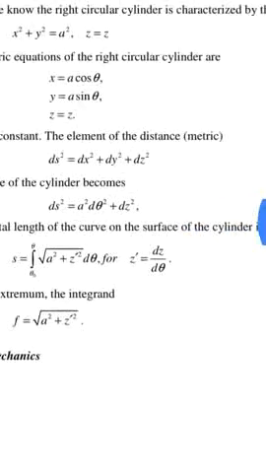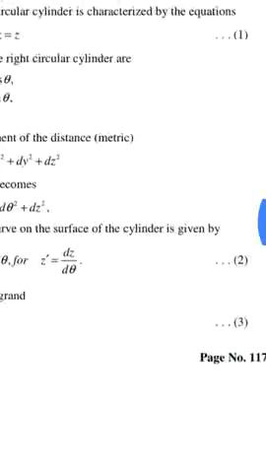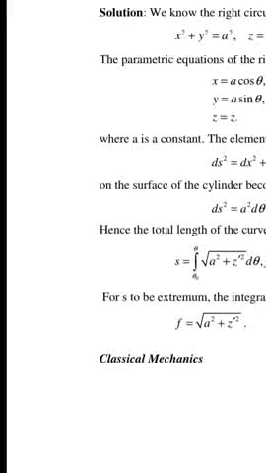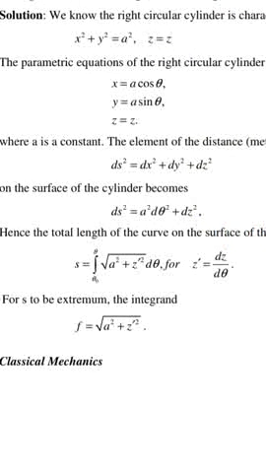Hence, the total length of the curve on the surface of the cylinder is given by s is equal to the integral from theta naught to theta of square root of a square plus z dash square d theta, for z dash is equal to dz by d theta.